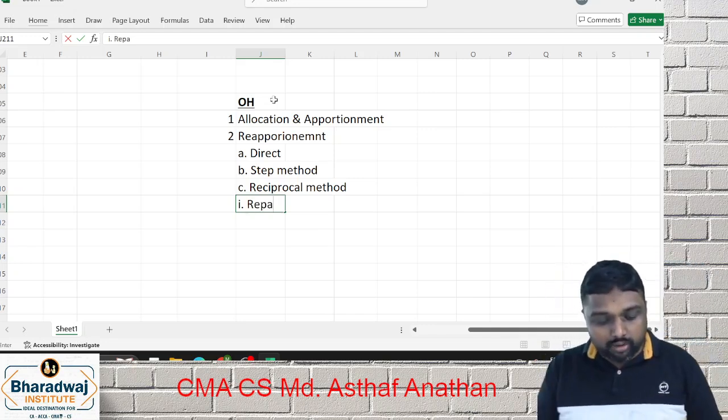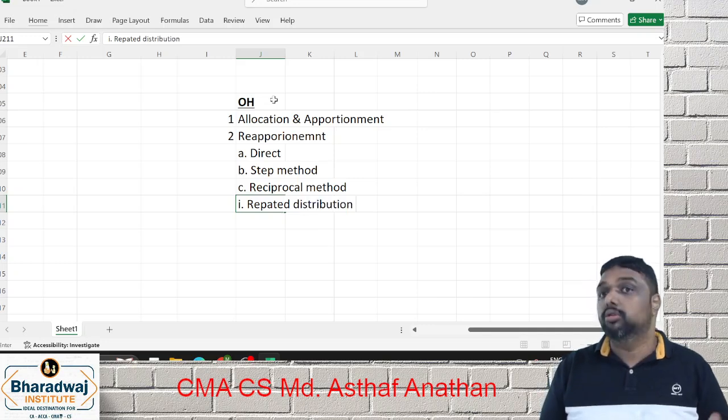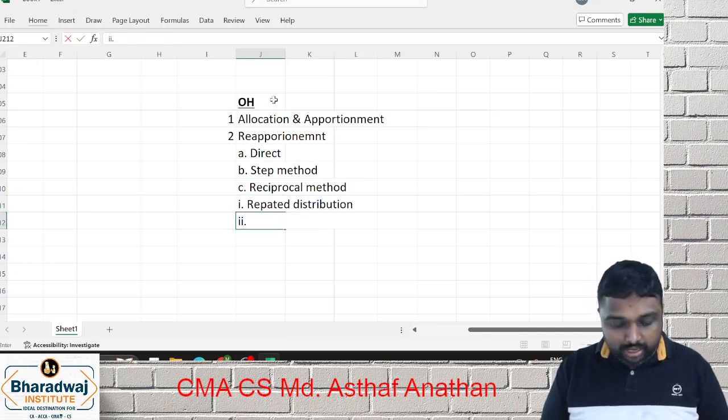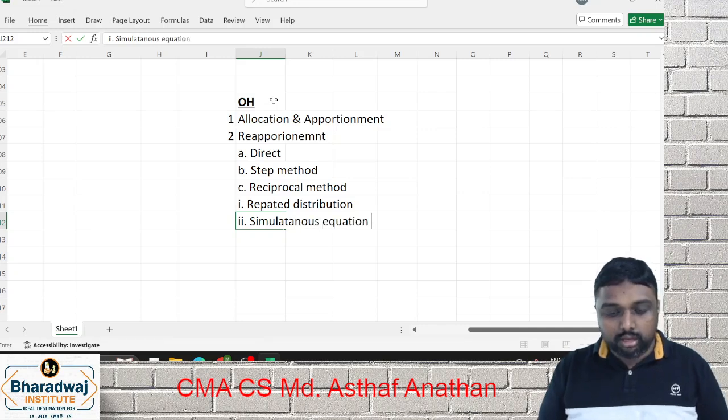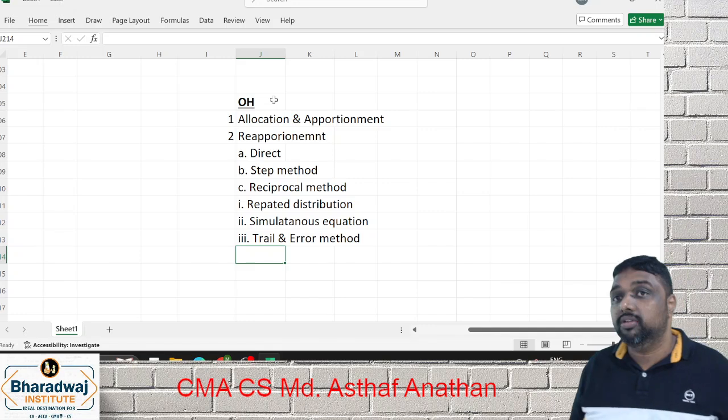In reciprocal, we have the repeated distribution method, then the simultaneous equation method, then the trial and error method. Are you clear? These are all the different areas here.